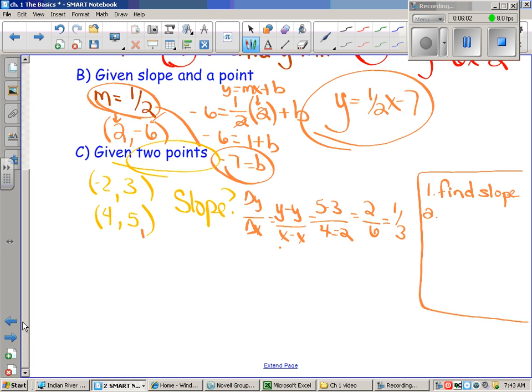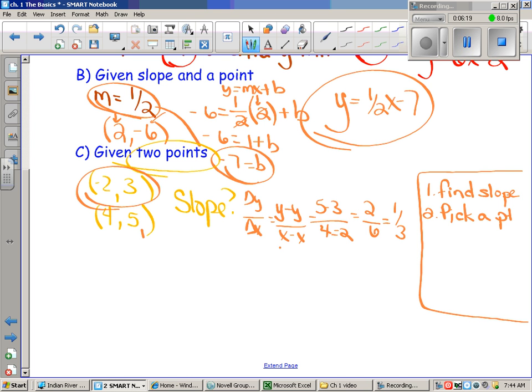Now, this is actually just like the second example that I gave you with a slope and a point, because I have 2 points, but I'm just going to pick a point. In this case, just to pick 1 point, let me just pick this one.